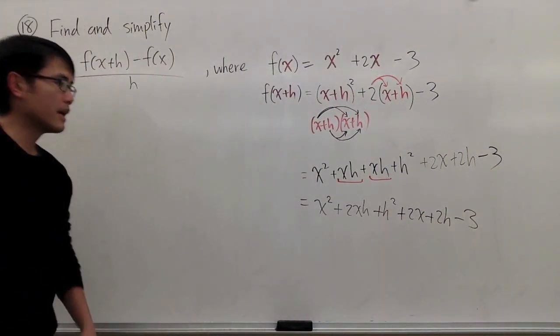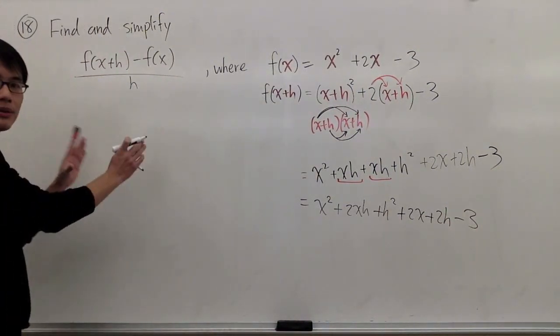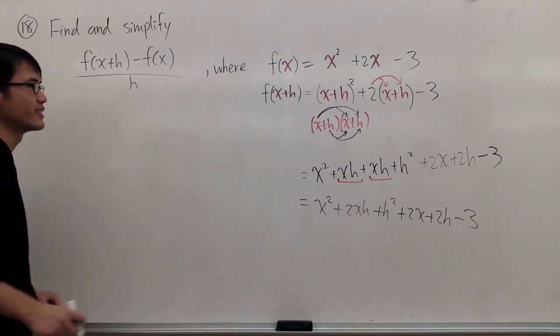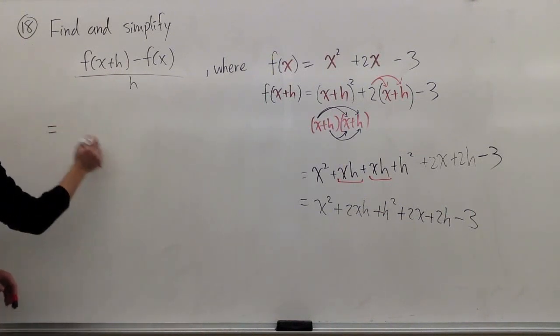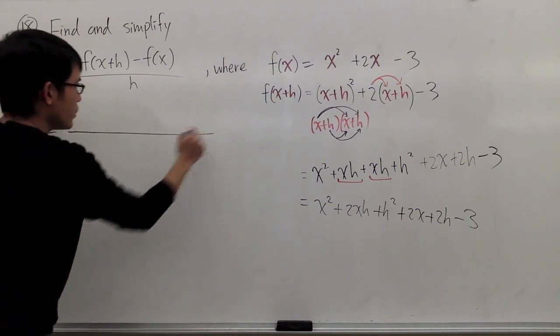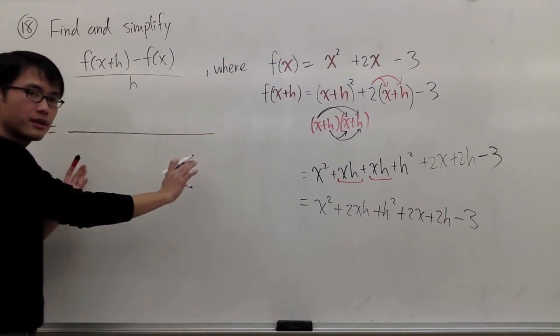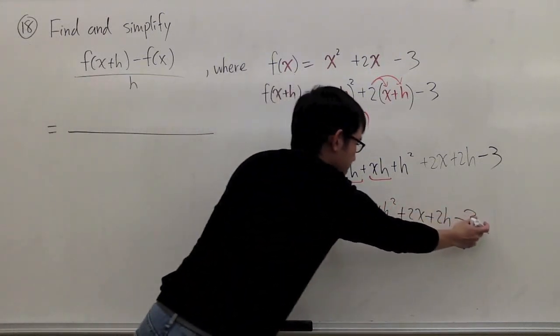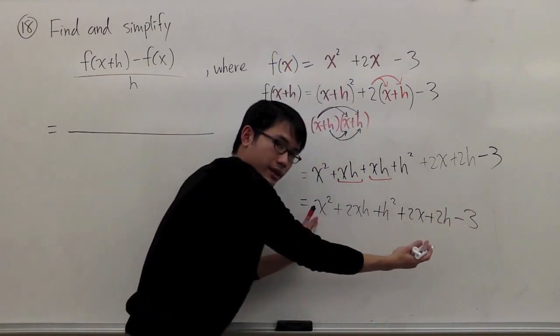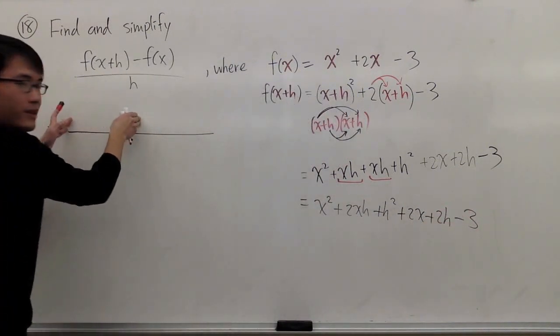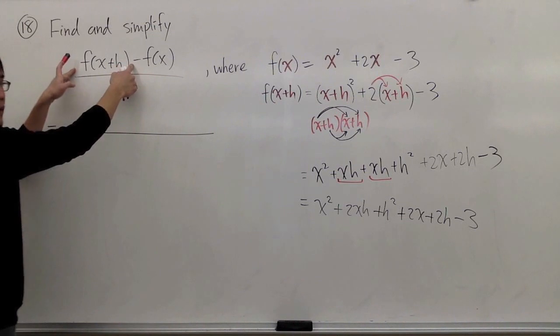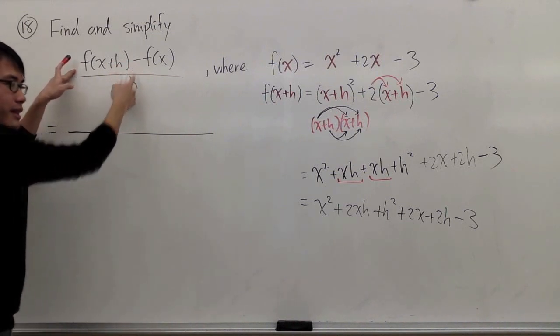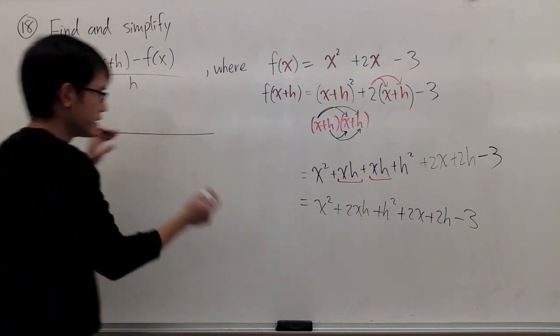Now we are going to get back to here and work out the expression. So this is equal to, let's get the fraction bar ready. I will first put this right here, because that's where f of x plus h goes. I will just write this down.